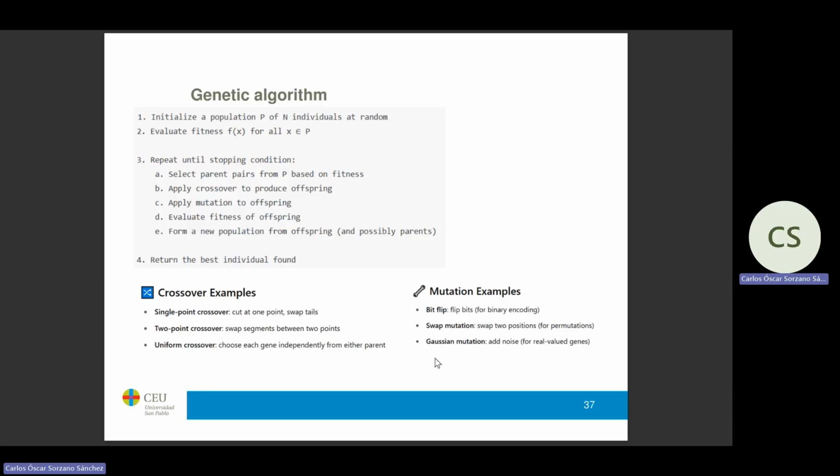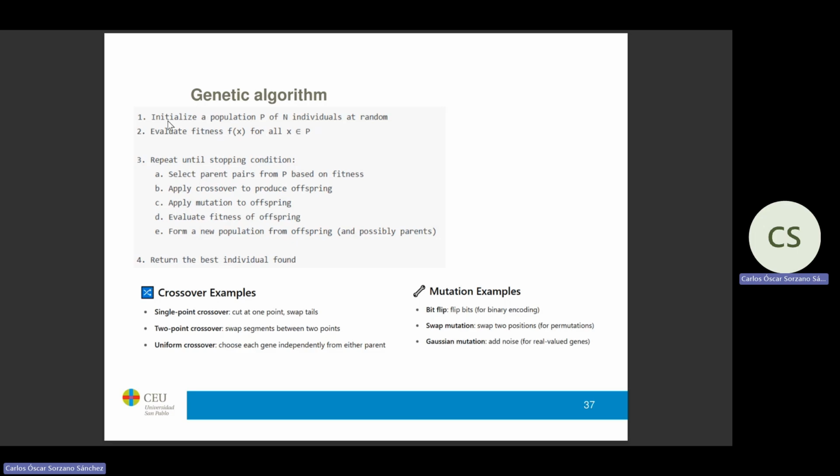And then the pseudocode of this algorithm is the following. You start with a random population, initialized at random, of any number of individuals. You evaluate the fitness for each one of these individuals, and you iterate for a number of generations until you meet some finishing condition. Typically, it is the number of generations.